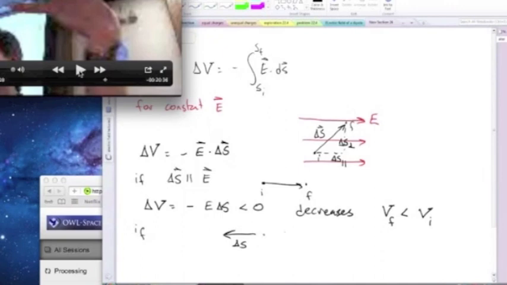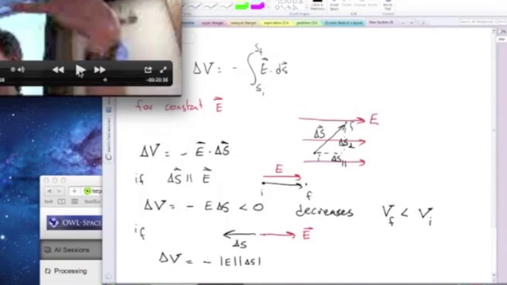The opposite situation is when the delta S vector points in a direction opposite to the electric field. So you're not moving in the direction of the electric field, you're moving opposite to it. So you're going uphill, or upstream if you want. In that case, delta V has a minus, but now E dot delta S is a negative number because the cosine of 180 is minus 1.